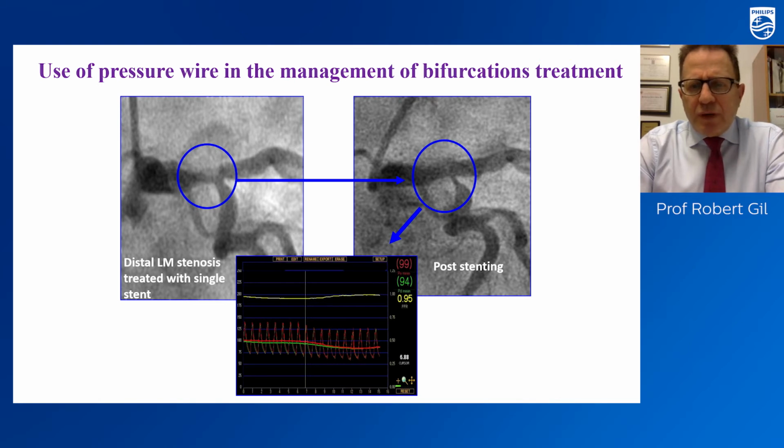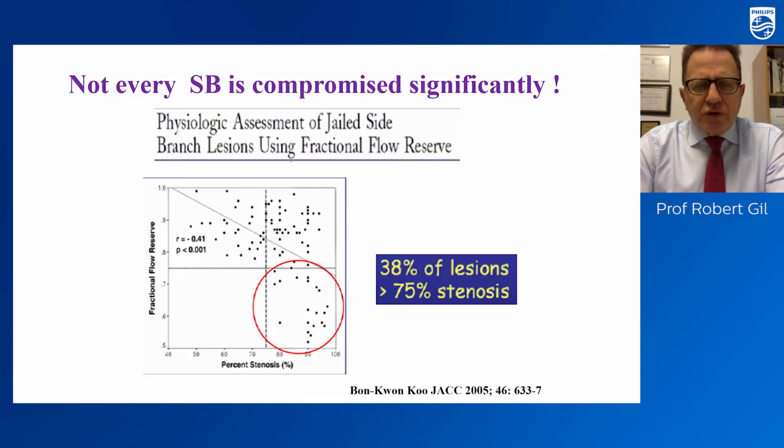In this particular case, there was no need for intervention for the side branch. We have to remember that the characteristics of the stenosis, also the length, is very important, and sometimes even a relatively narrow stenosis is not significant because it's very, very short.